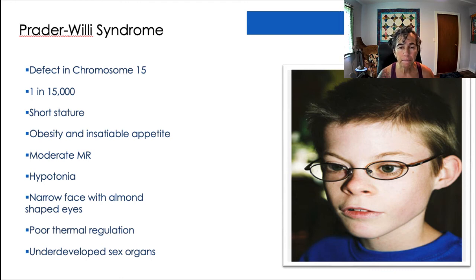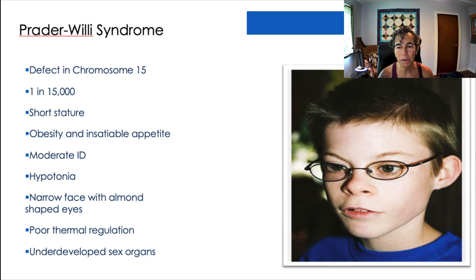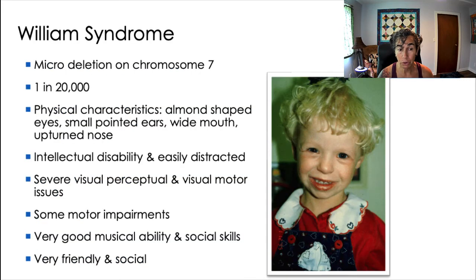Moderate, this should say intellectual disability. This is an old slide deck. We'll just say ID. Hypotonia, again, a narrow face with almond-shaped eyes, but notice that the face looks quite a bit different than that of someone with Down syndrome. Poor thermal regulation, so not good hot and cold control, and underdeveloped sex organs.